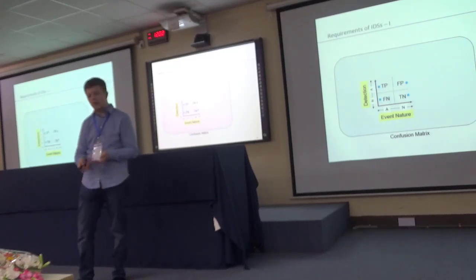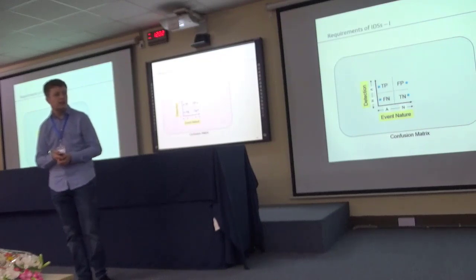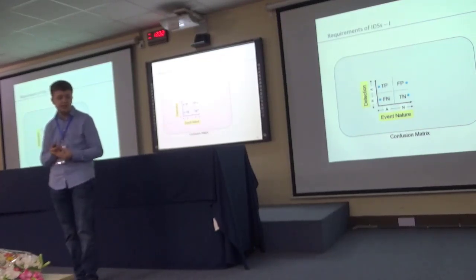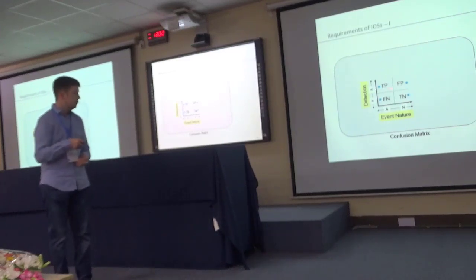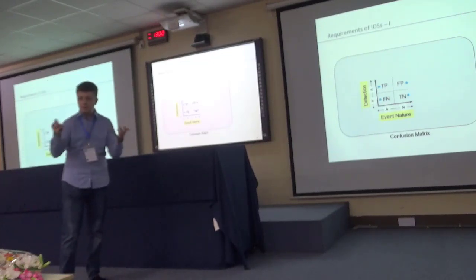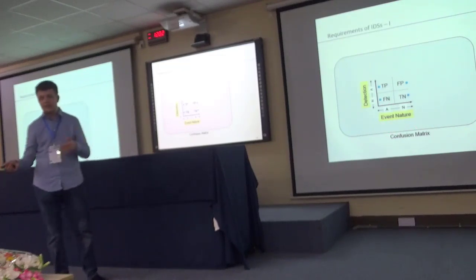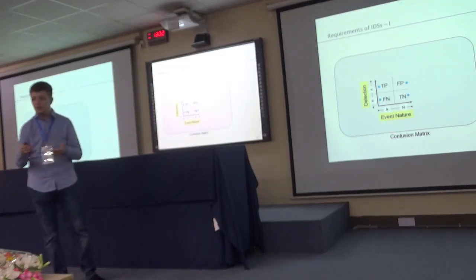So what do we actually want from an IDS? What are our requirements for that? This is the usual confusion matrix when you're talking about something like a classifier. So you have true positives, false negatives, and true negatives. And if we're mapping this to the IDS problem space, then here you have the event nature. That means, is the event actually anomalous or normal?